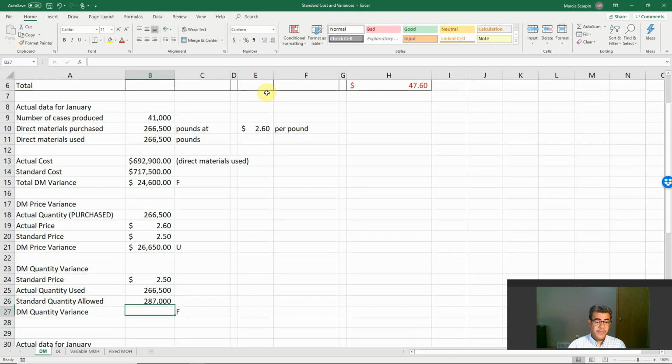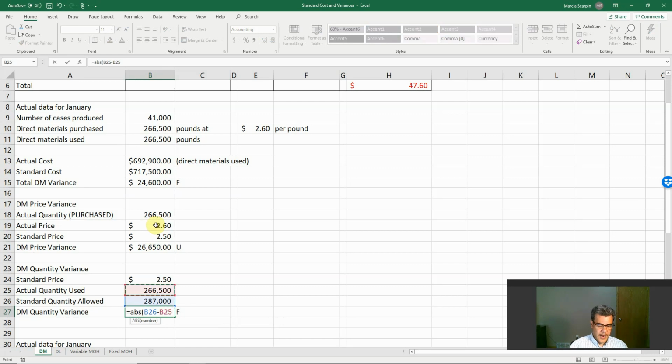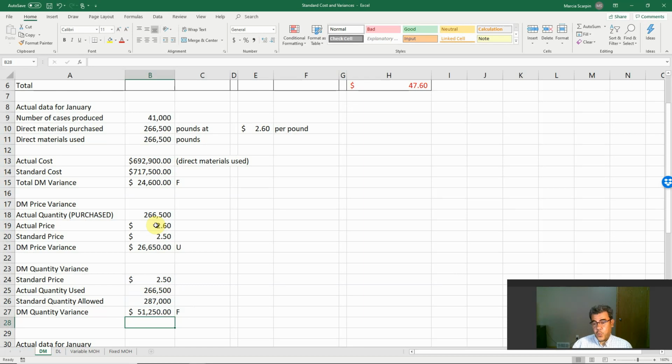And then we have favorable variance. And that is quite logical because we are paying a higher price, so probably a higher quality of direct materials. So here we have favorable. How much? ABS, actual, less, we need one more parenthesis here, actual less standard, times standard price, 51.